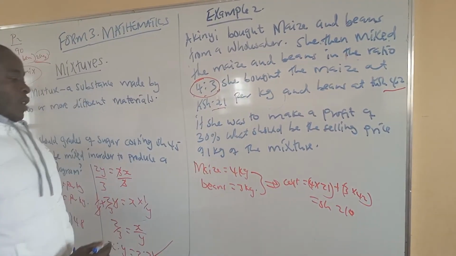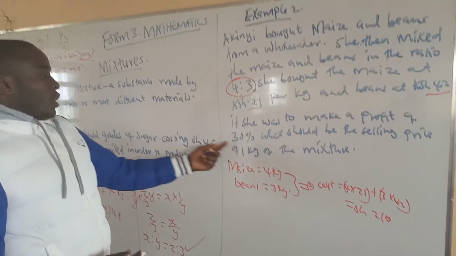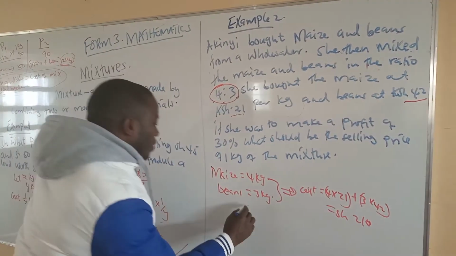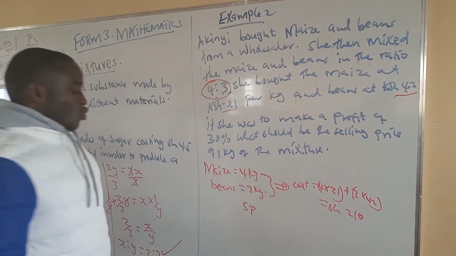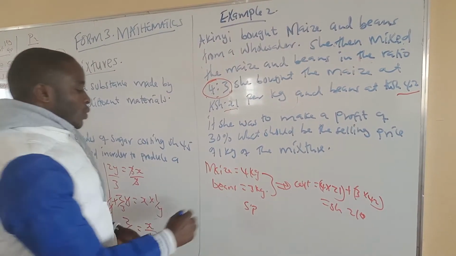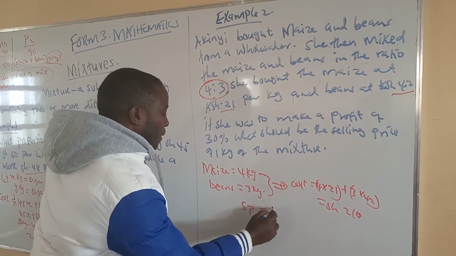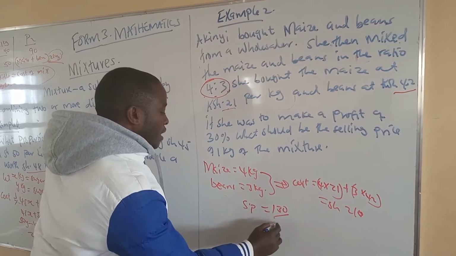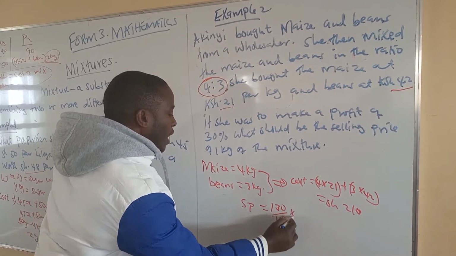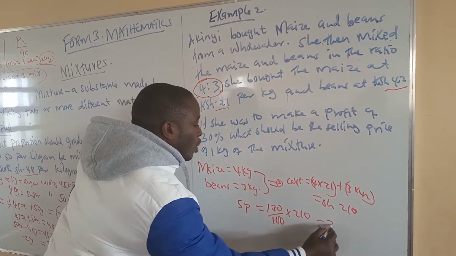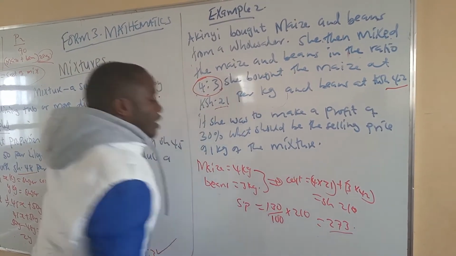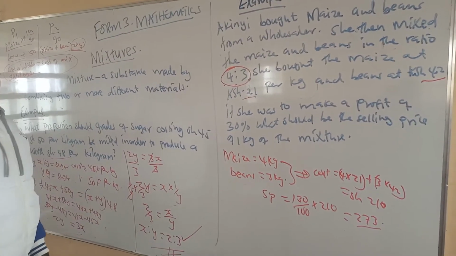Then we are told that the selling price of the two, that is when you sell the mixture, what you will sell the two when mixed together, you will make a profit of 30%, so that it sells at 130 over 100 times 210. This gives you 273 shillings. So that is what was sold.